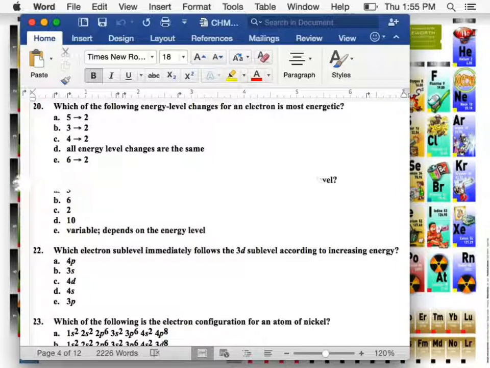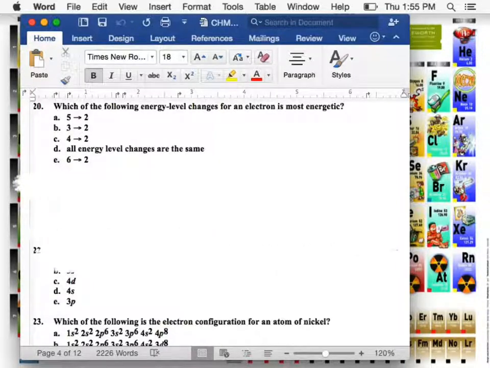So 20, which of the following energy level changes is the most energetic? What we're doing is looking at our electrons. Electrons exist in orbitals. Remember we had that fun little drawing where we jumped up? Everybody remember that?